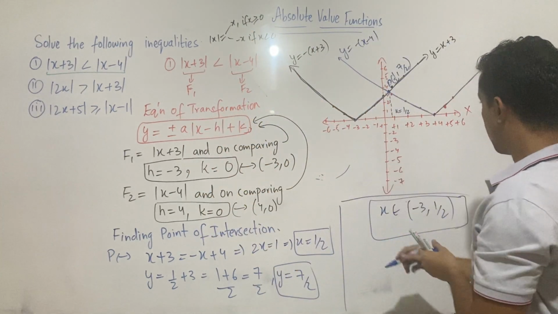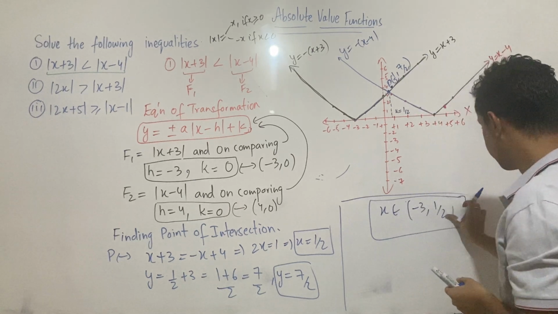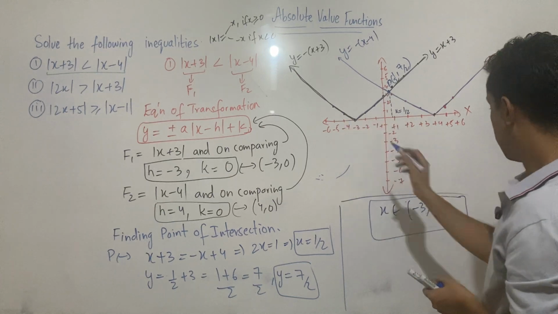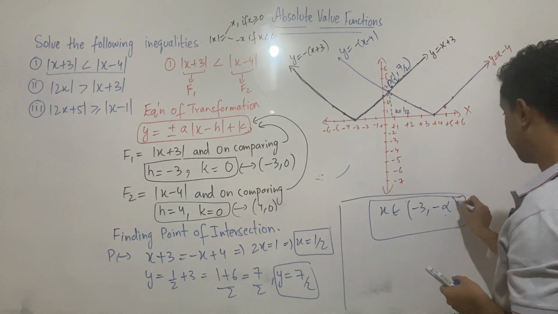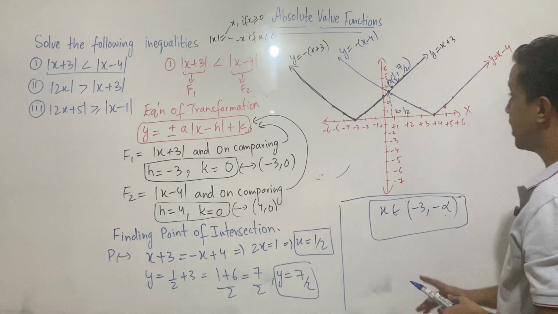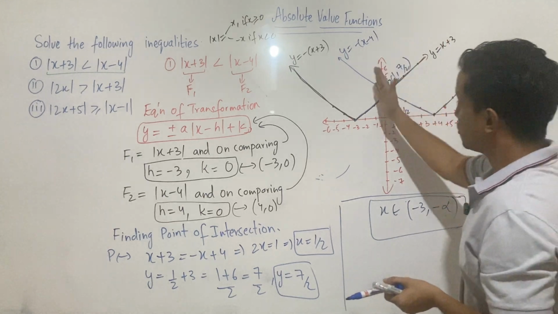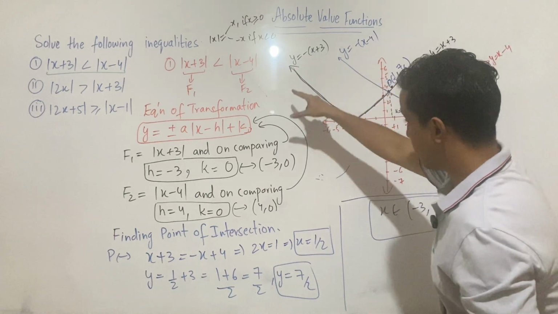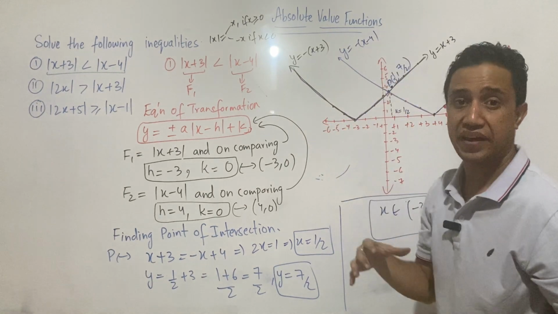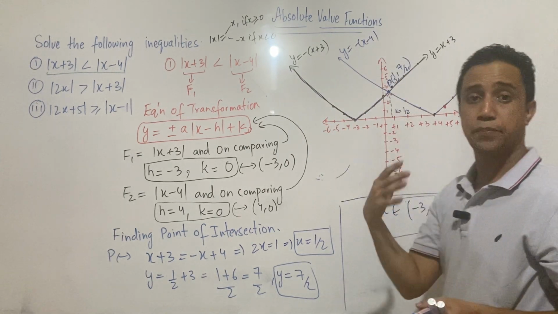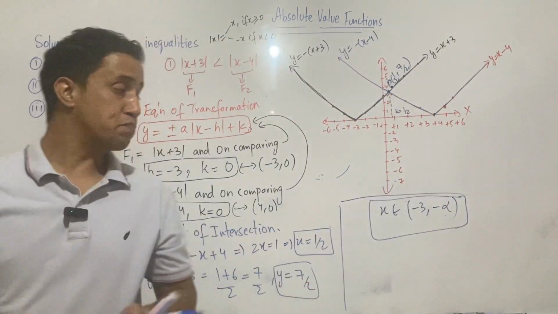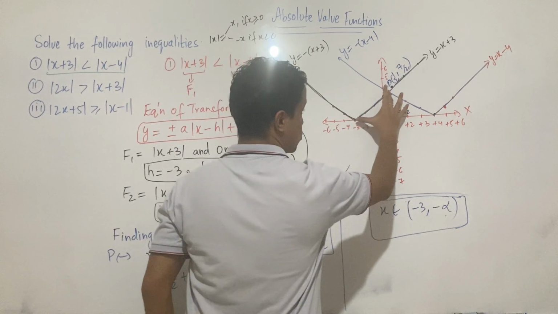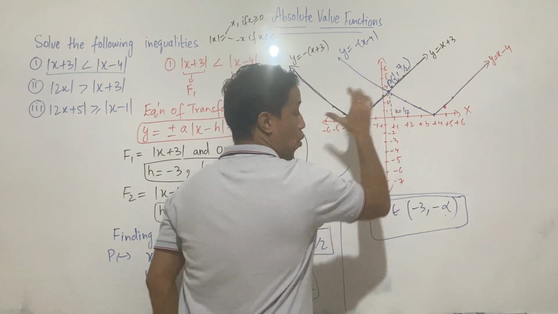So we can say here, minus 3 to minus infinity, because this region will be covered within that range. I hope that makes sense. More precisely, yes, this is going to be your right answer.